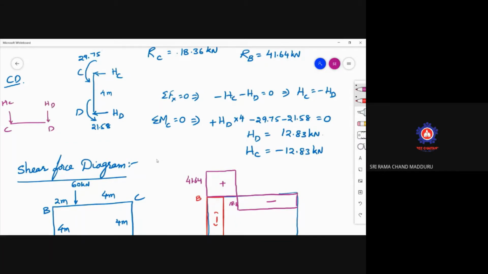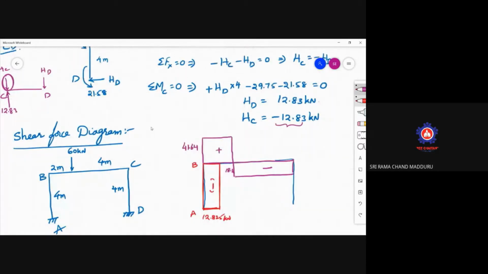Now HC is given as minus 12.83. That means here you have to change the sign, which is in the opposite direction. Left side upward is positive, and here I will change the direction once again. This is the baseline, and this is 12.83, which is positive.